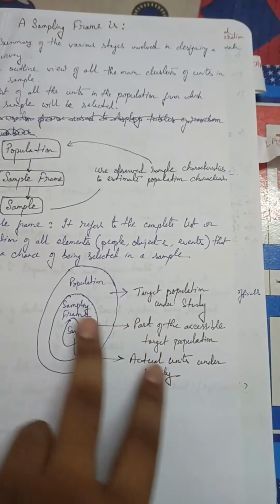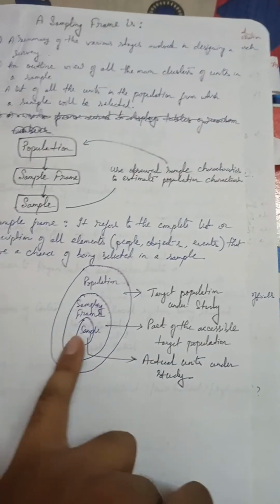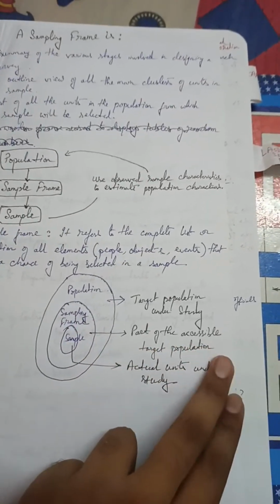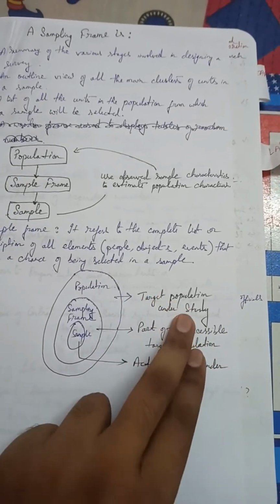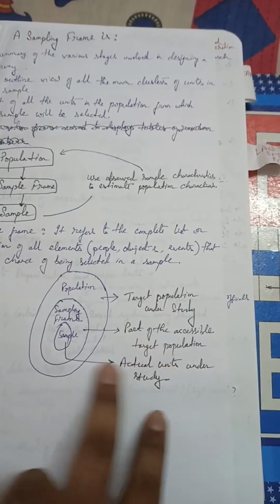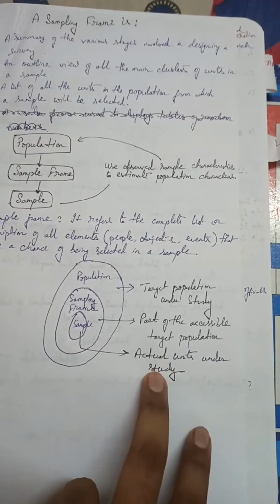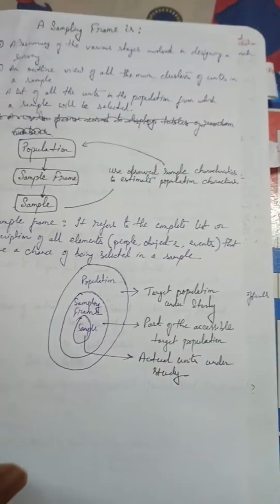After talking about population, we will move further to the sample frame. Sample frame means a part of the accessible target population. Population means my target population for the study, and sample frame means part of the accessible target population. Sample is the actual unit under study.